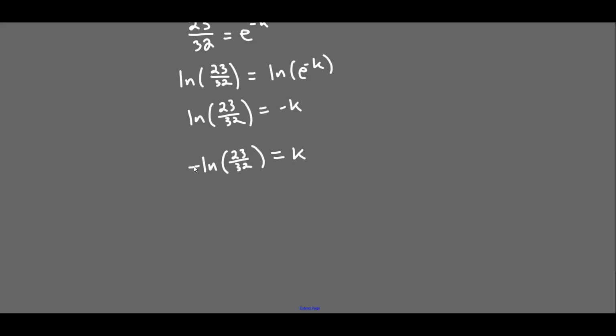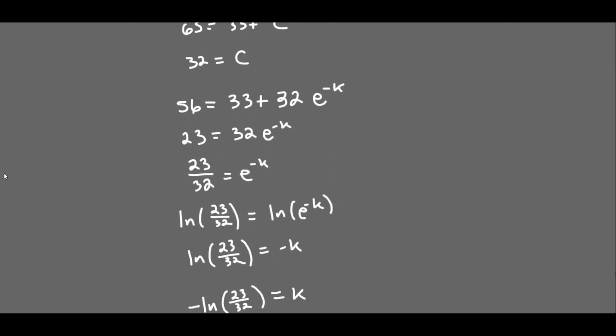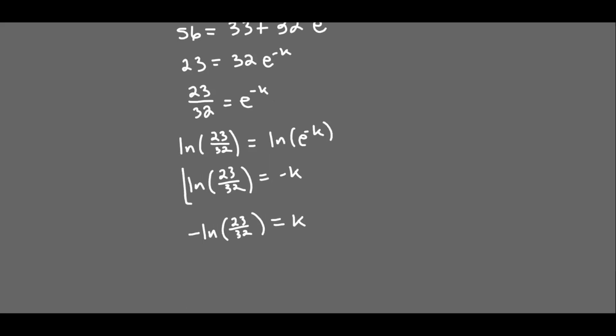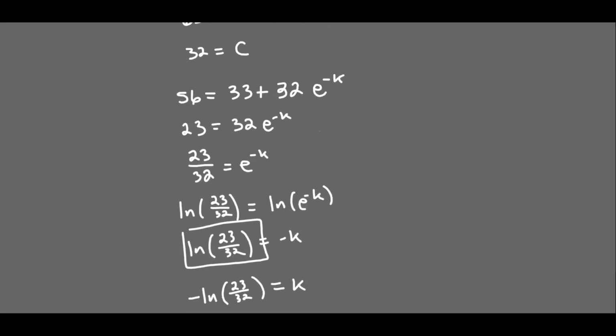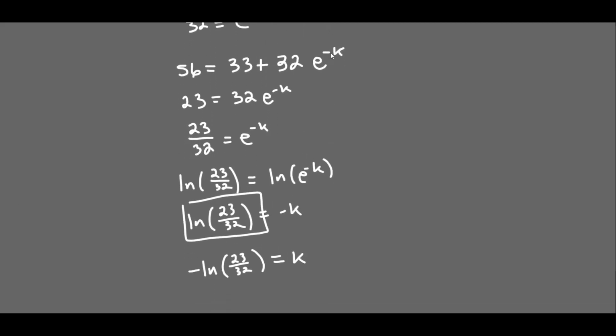Then, well, actually, our function has negative K in there, so we can just plug this in for negative K. I think that makes sense. We'll just do that.